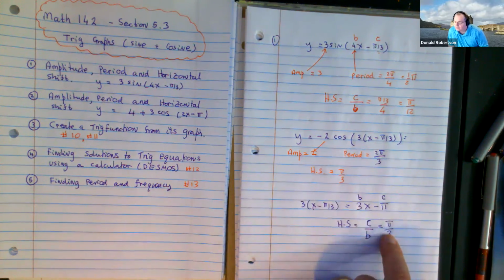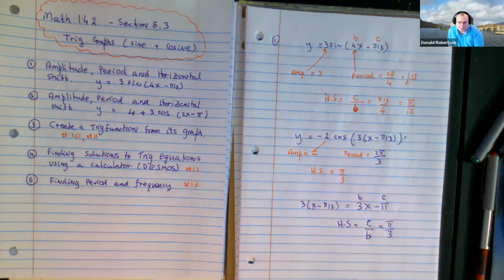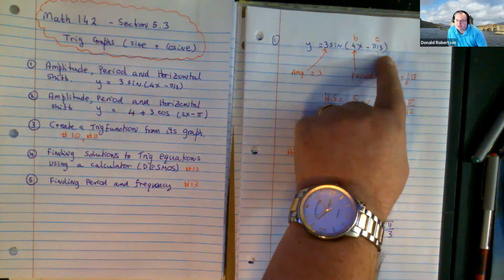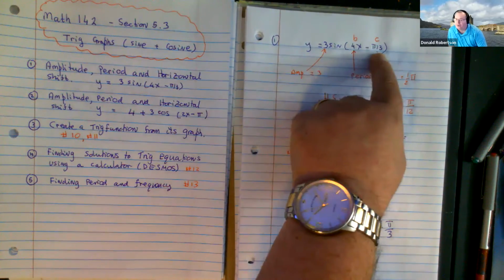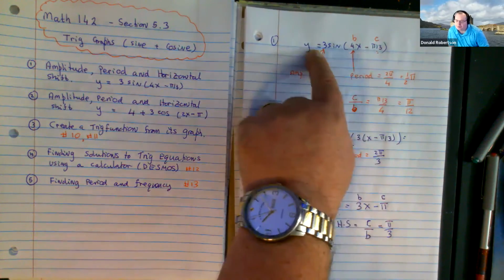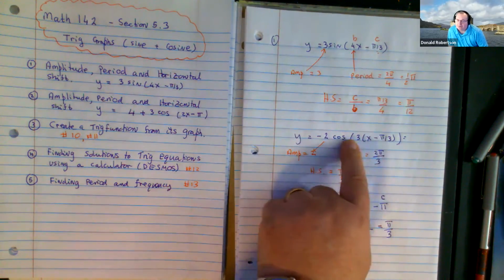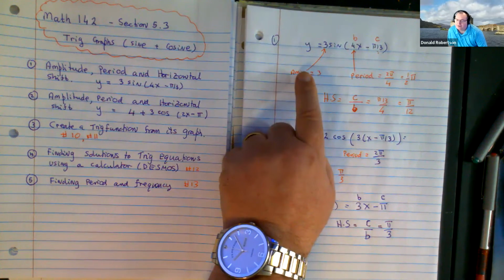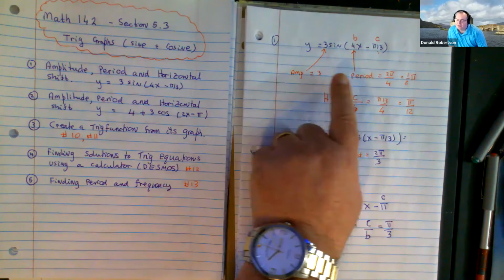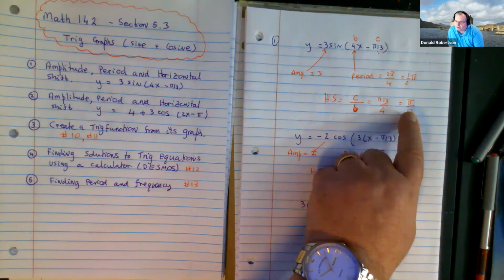So I don't think there's a biggie there. Do we feel comfortable now that if you get a sine or a cosine in this format, with all these bits and pieces going on, you can find the amplitude, the period, and finally the horizontal shift? You feel good about that?